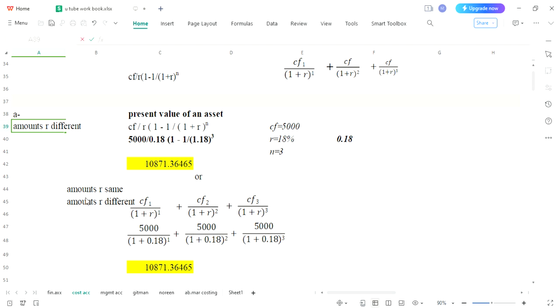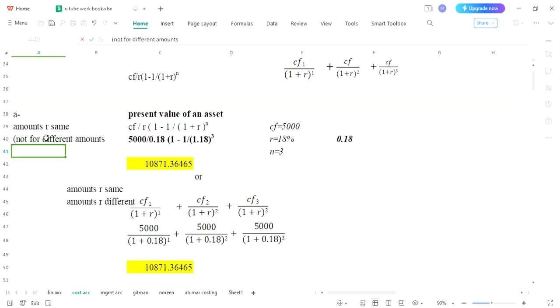And kindly note that not for same, when amounts are, please, my system is not helping. Okay, it came out. When amounts are same, not for different amounts.